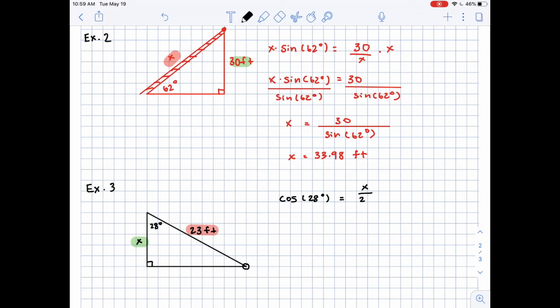equals adjacent over hypotenuse. Now, this setup is nice. It's a lot quicker. I need to get rid of 23, so I multiply it to both sides.